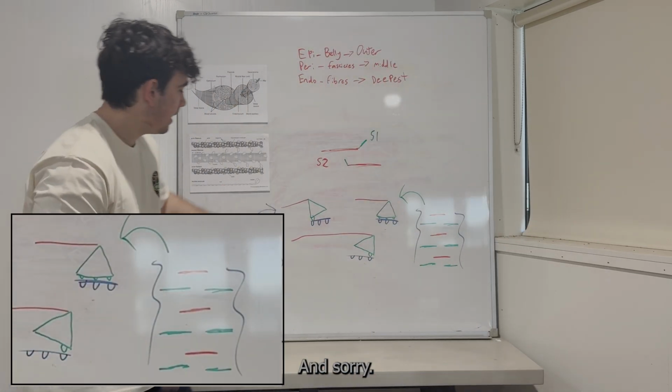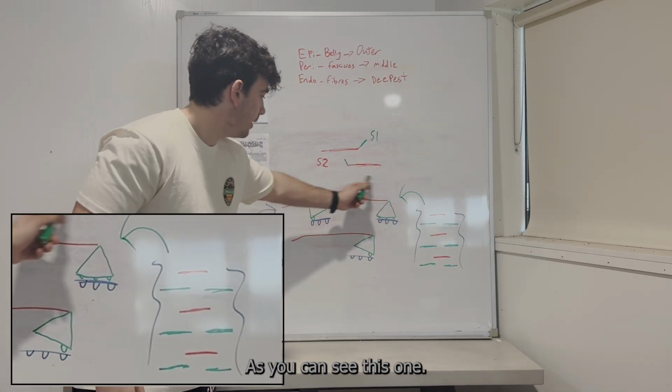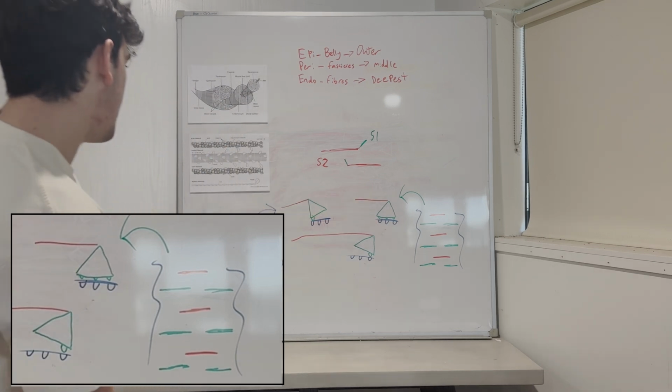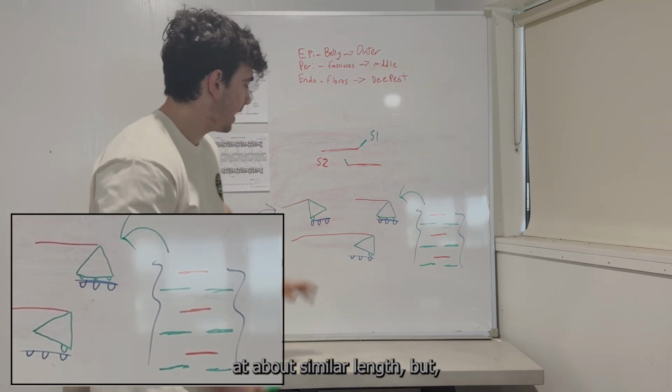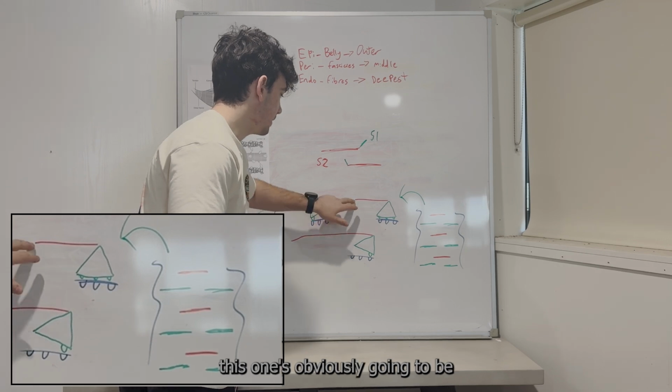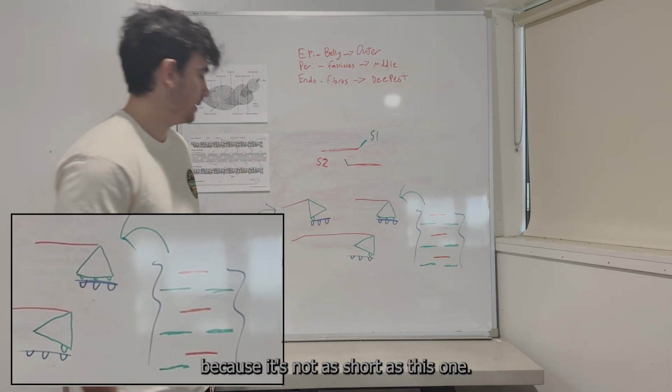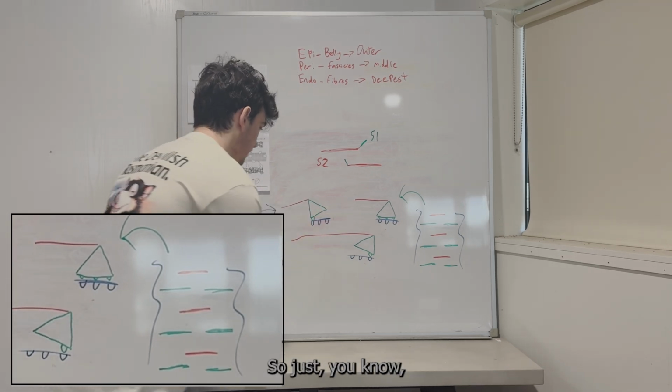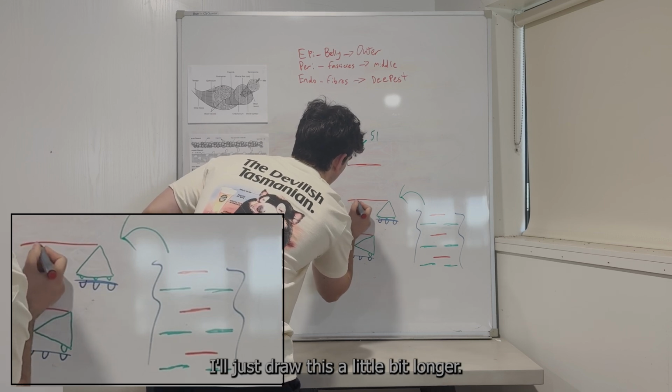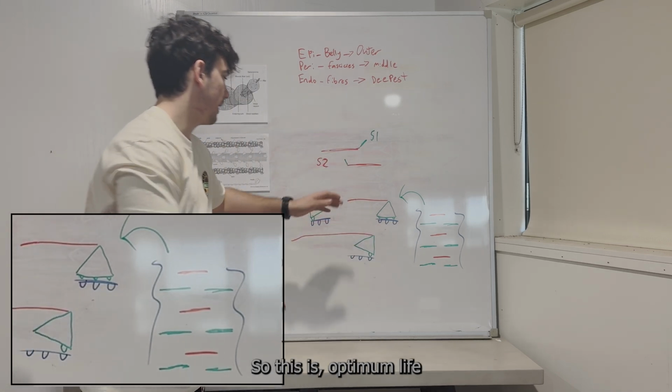They're about similar length, but this one's obviously going to be a little bit longer because it's not as short as this one, so I'll just draw this a little bit longer. So this is optimum length.